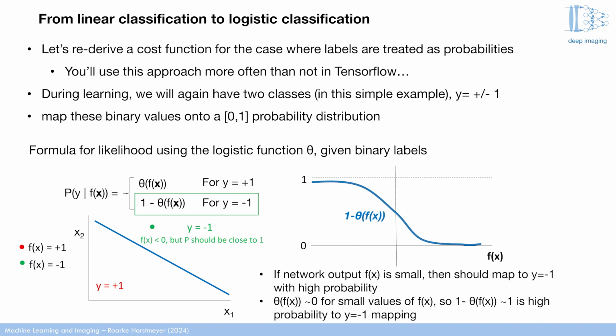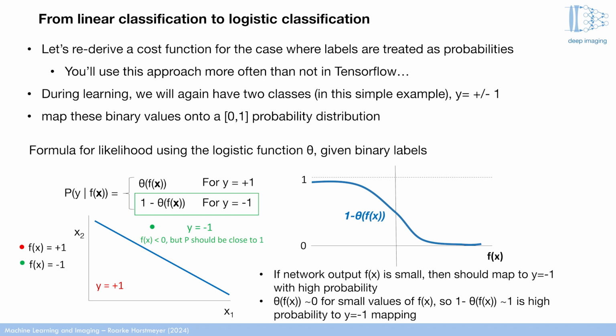So now let's consider the case where the label is -1. Now I'm drawing 1 minus the logistic function. For the case where y equals -1, if the network outputs a more negative value, then we're doing good. It gets towards -1. Before we were taking the sign of that and saying, whatever the output is, if it's a negative value, we're assigning it -1, so that's good.